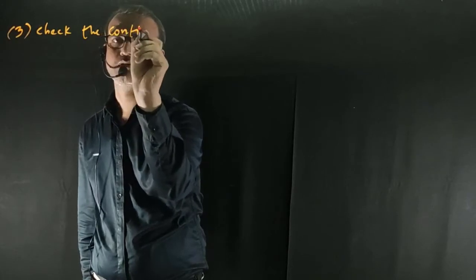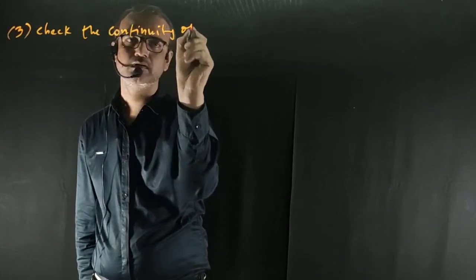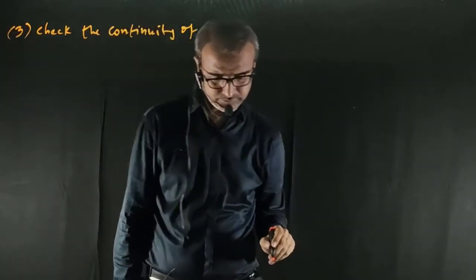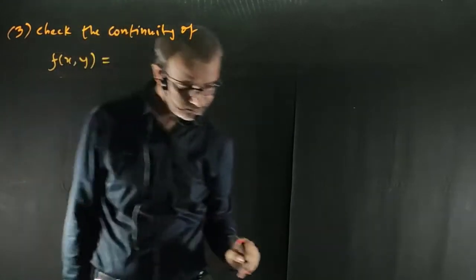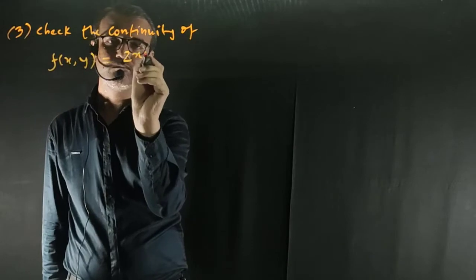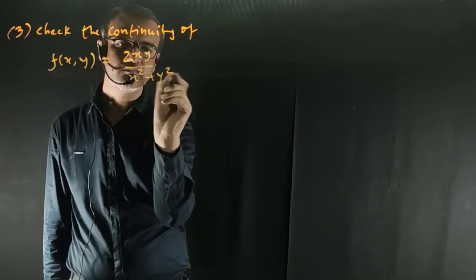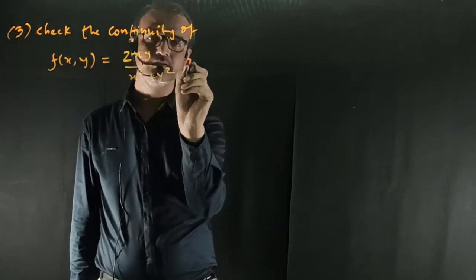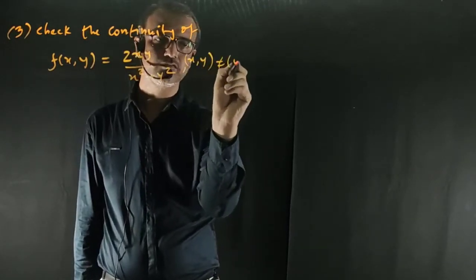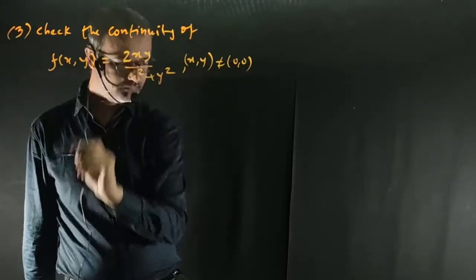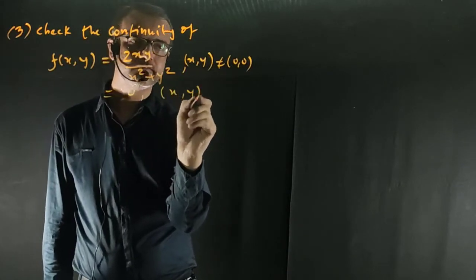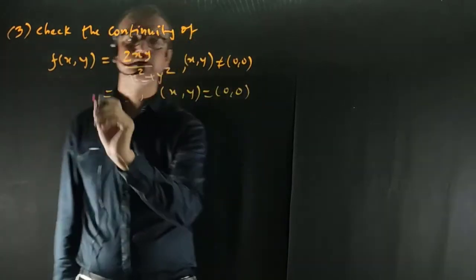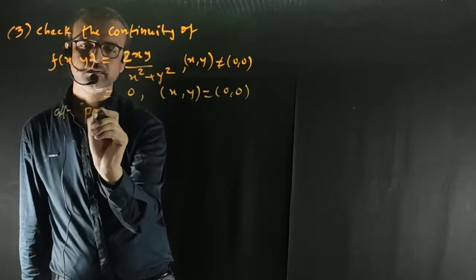Check the continuity of the function f(x,y) that is equal to 2xy over x square plus y square when (x,y) is not equal to (0,0), and this is equal to 0 when (x,y) is (0,0), at point (0,0).